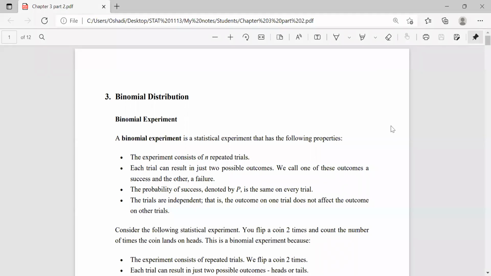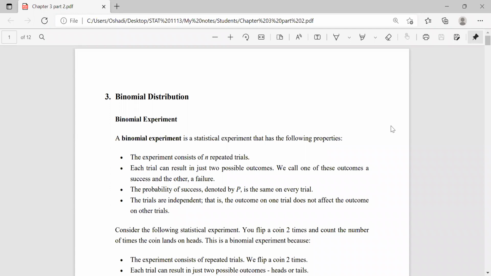And then if we consider the Bernoulli distribution, we define a Bernoulli trial. In a Bernoulli trial we have only 2 outcomes. So if the probability of success is denoted by p, then the probability of failure is 1 minus p, or q, since there are only 2 possible outcomes.